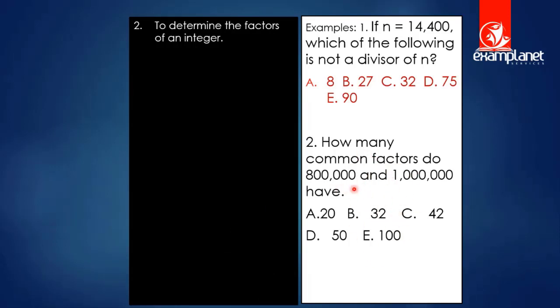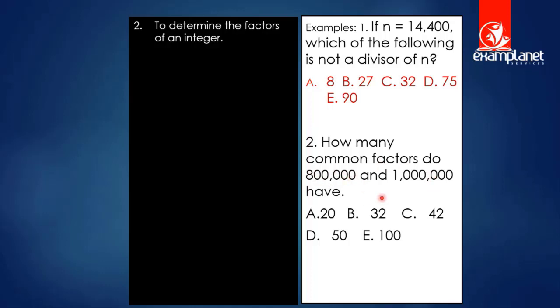Okay, so that means if we want to find the number of common factors, and we know that the number of their common factors must be the same as the factors of their HCF according to that rule, then simply all we need to do is to first find the HCF of 800,000 and 1 million.